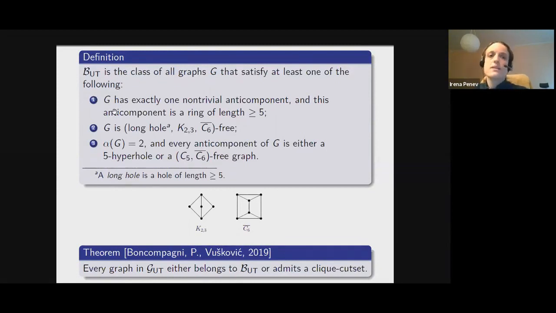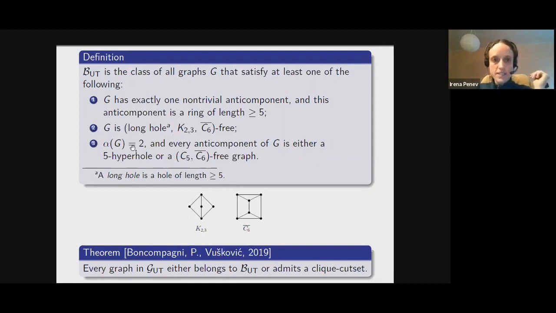Now, this basic class consists of the following kinds of graphs. The first type of graph is the following: graphs that have exactly one non-trivial anti-component, and this anti-component is a ring of length at least 5. And remember what that meant. It meant that either G is a ring of length at least 5, or it can be obtained from such a ring by adding a clique and then making that clique complete to your ring.